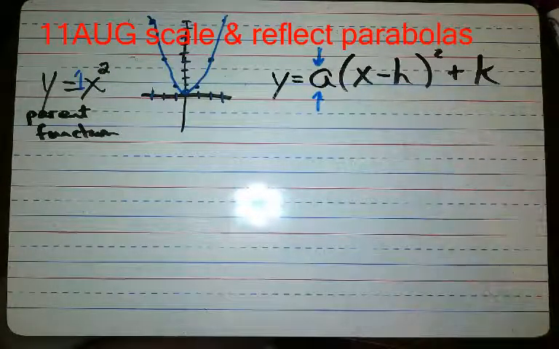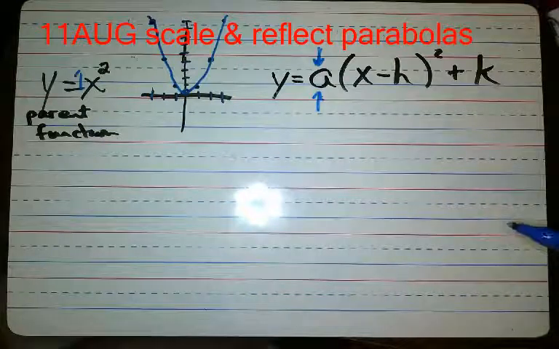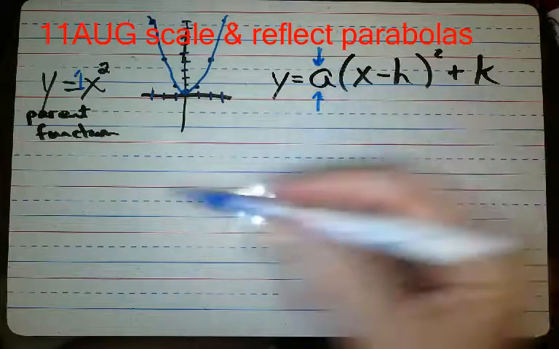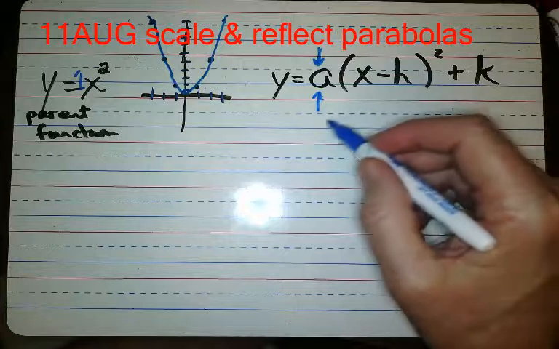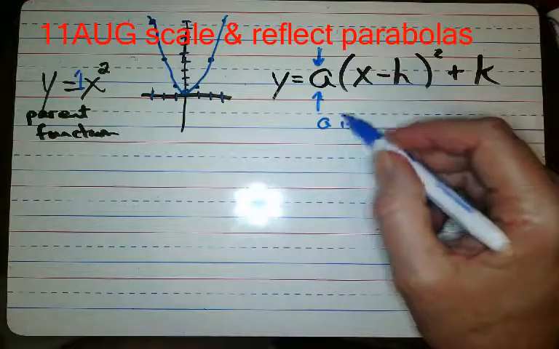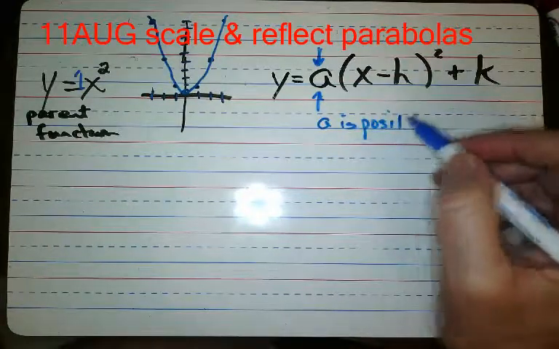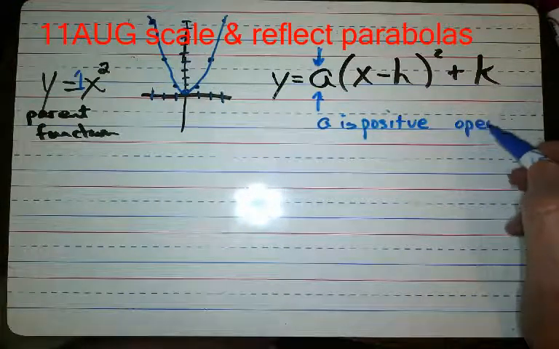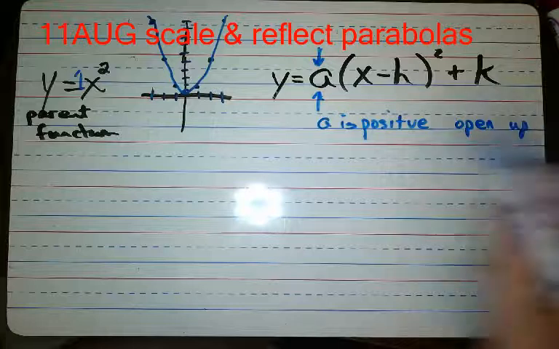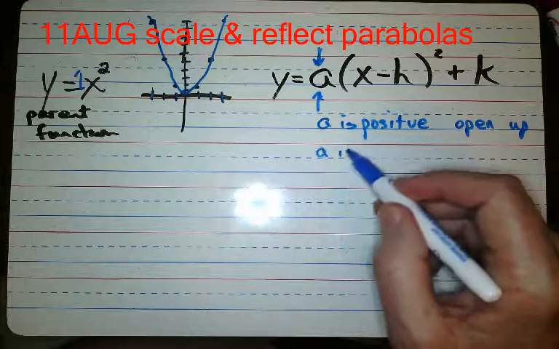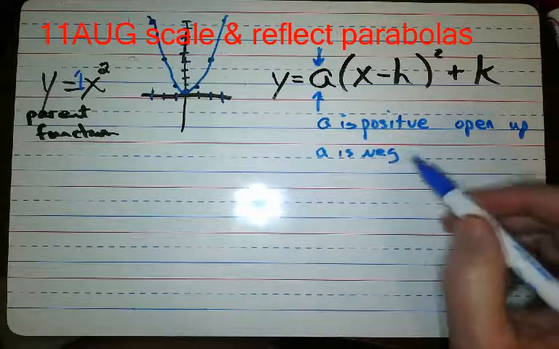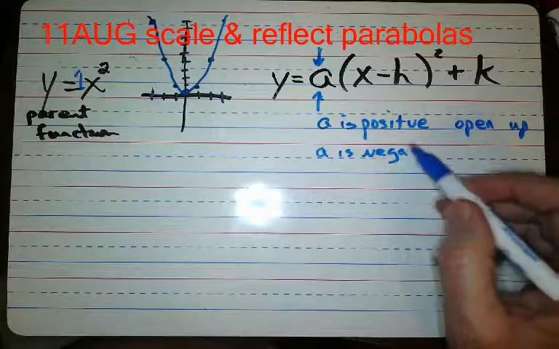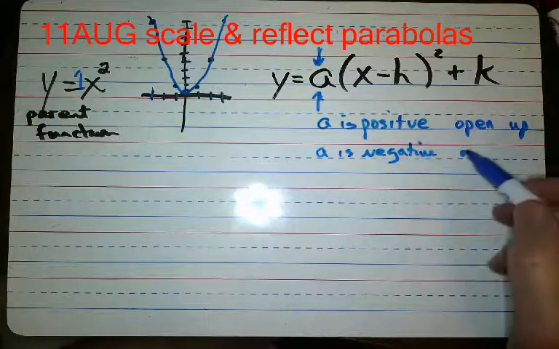So what does that number tell us? Well, if A is a positive number, then the graph is going to open up. If A is negative, the graph is going to open down.